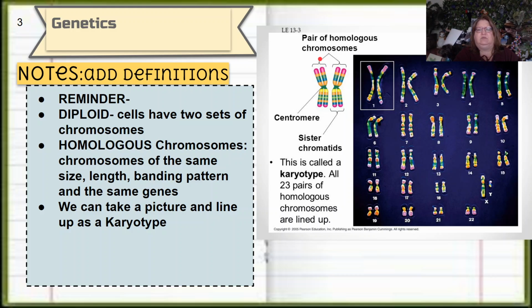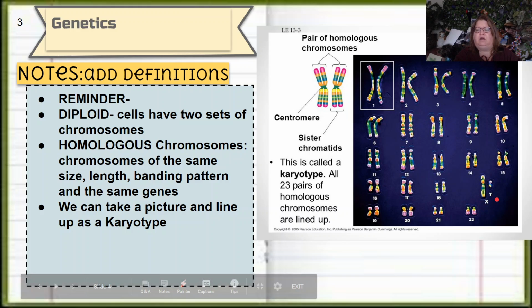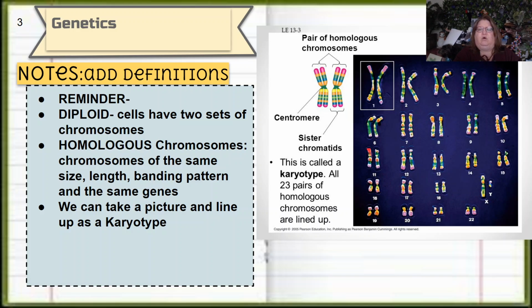And the pair would be the homologous pair, or sometimes they're called tetrads for 4. 1, 2, 3, 4. And you can see on this karyotype, we've got 1, 2, 3, 4, 5, 6, 7, 8, 9, 10, up to 15, and then up to 22, and then the X and the Y. Now, all of these pairs are homologous pairs.